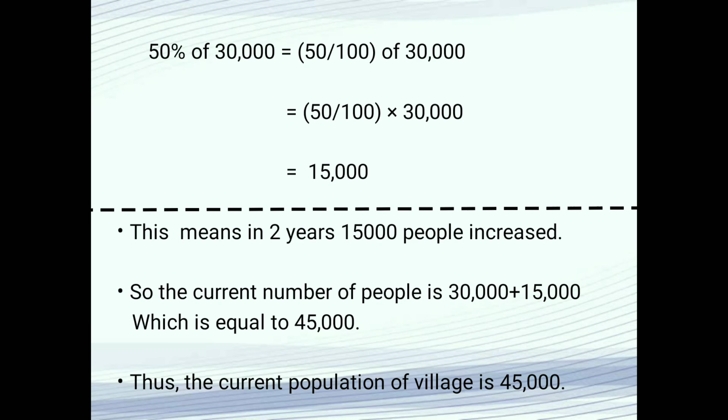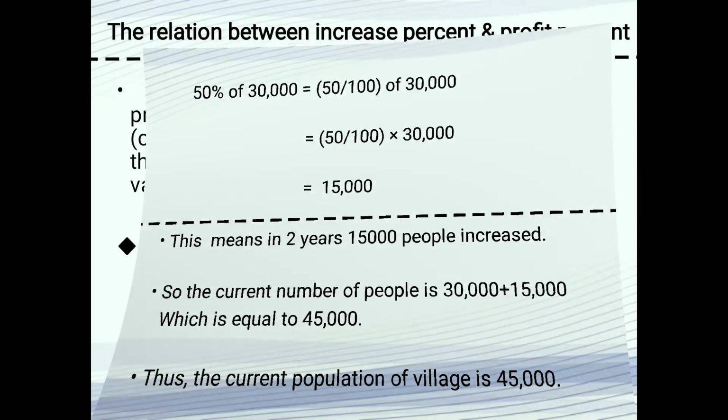So we get 15,000. This means that in 2 years 15,000 people increased. So the current number of people is the addition of 30,000 plus 15,000 equals 45,000. So the current population of the village is 45,000.